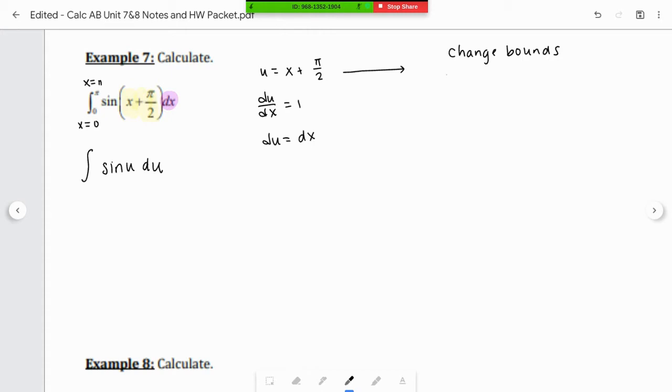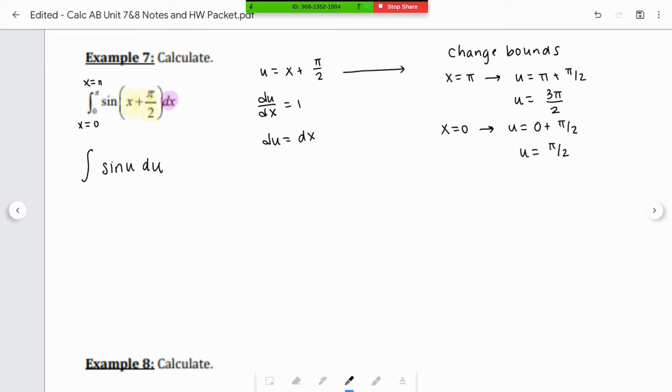So our first bound is that x equals pi. So u is equal to pi plus pi over 2, which means that first bound would be 3 pi over 2. And then x equals 0 is our other bound, so that means we would have u is equal to 0 plus pi over 2, so our other bound is pi over 2.